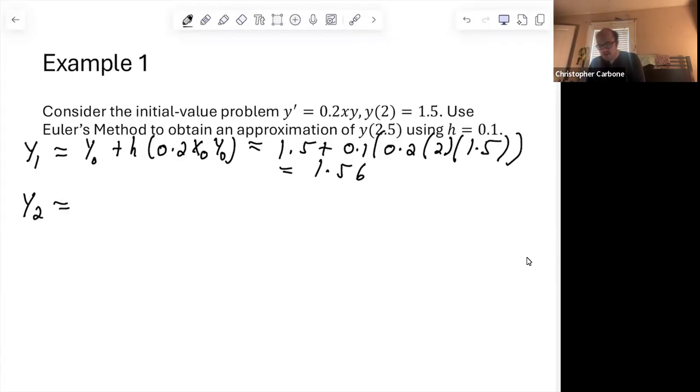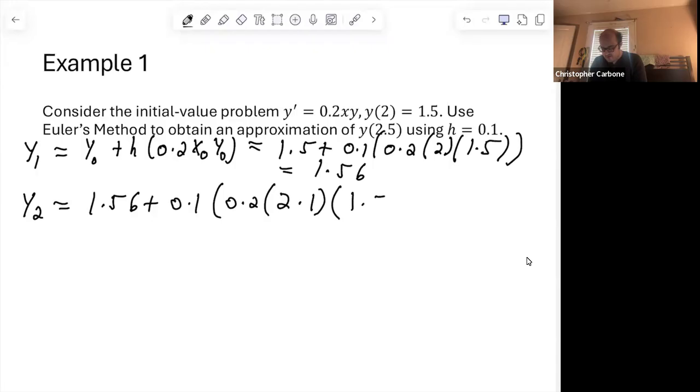Y sub 2 takes the value from y sub 1, which is 1.56, plus h, 0.1, times 0.2 times, now we increase the 2 by h to be 2.1, times the value we just got for y sub 1, which is 1.56. Doing that gives us 1.62552.